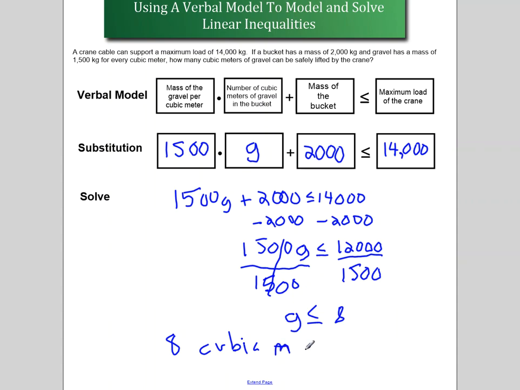Oops. I'm going to get better at writing with this. Promises. I'm going to write 8 cubic meters of gravel.